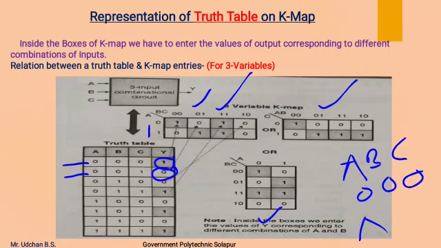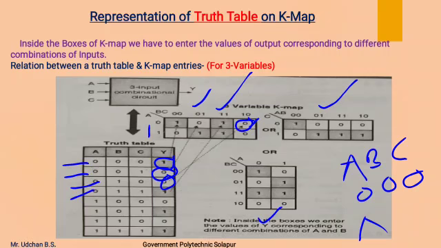The position of 0, 0, 1 comes in this cell, so I can enter the next 0 over here. In the same way, for the third output, that is 0, the input combination is 0, 1, 0. So the 0, 1, 0 position is over here, so I can enter the 0 into this cell.